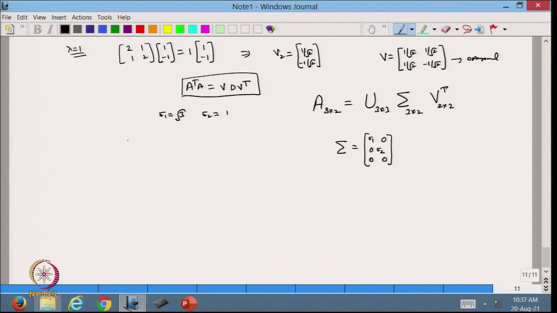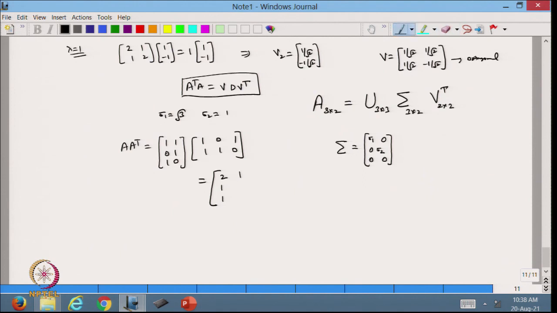So, if you see from this A transpose, if you write it, it is 1 1 0, 1 1 0 and this is 1 0 1, 1 1 0, and if you multiply this, it will be 2, then 1, 1, then 2, sorry, it will be 1.